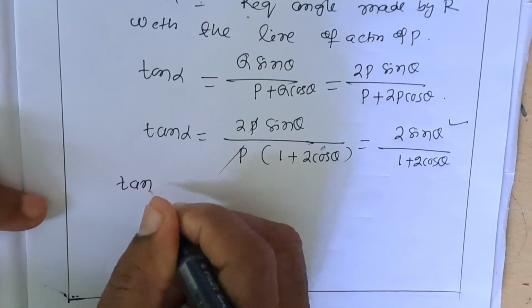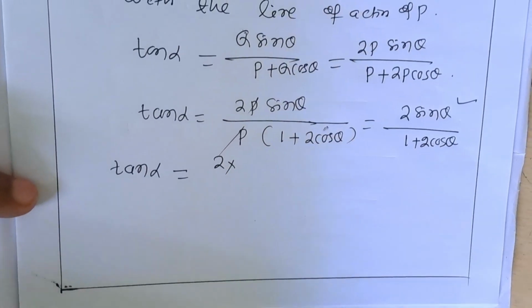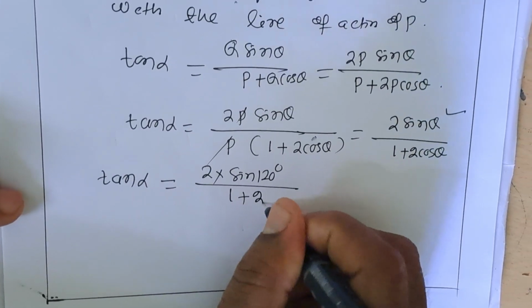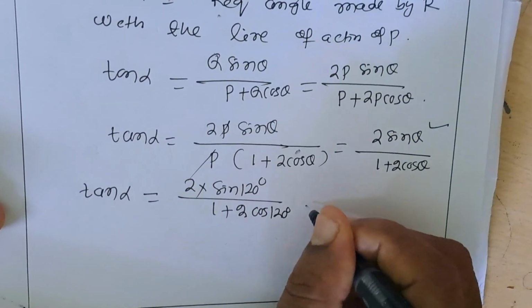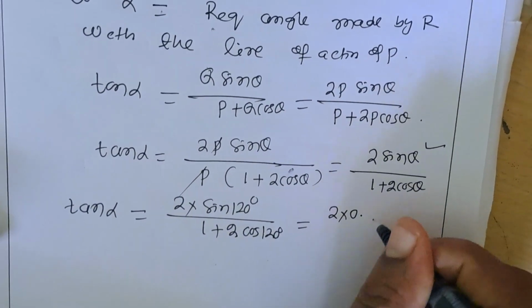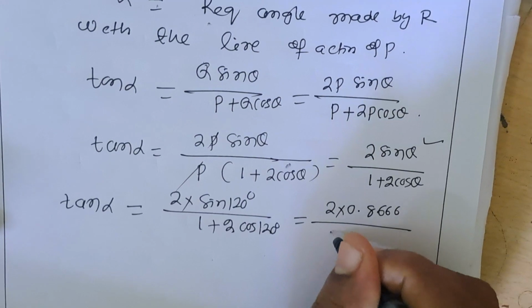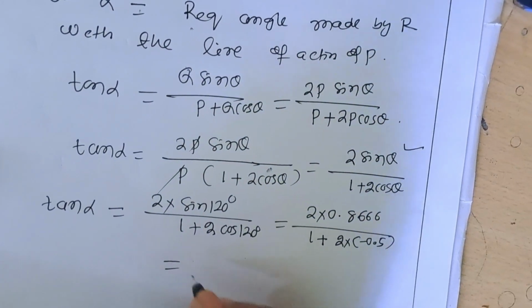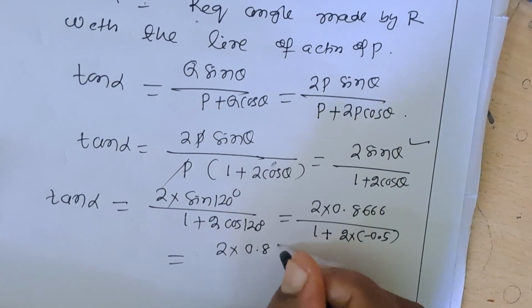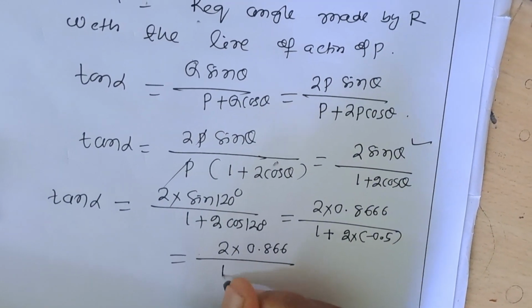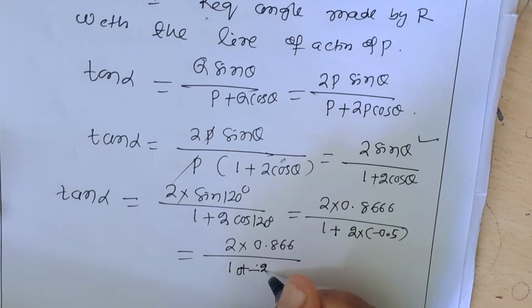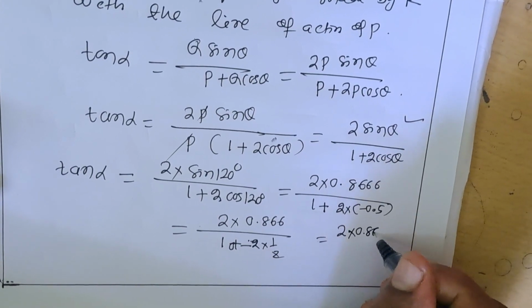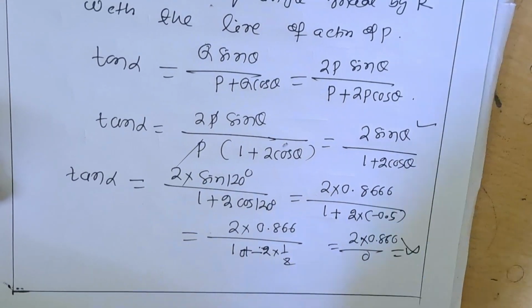Therefore, tan alpha is equal to 2 into sin 120 divided by 1 plus 2 cos 120 degrees, which is equal to 2 into 0.866 divided by 1 plus 2 into minus 0.5, which is 2 into 0.866 divided by 1 minus 1, that is 2 into 0.866 divided by 0, which is equal to infinity.